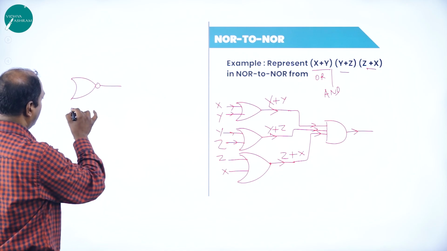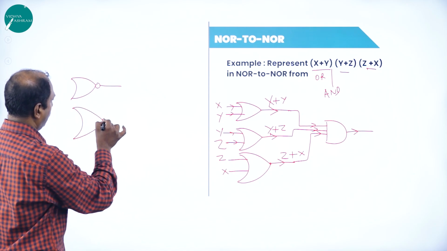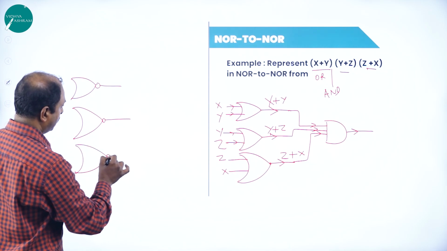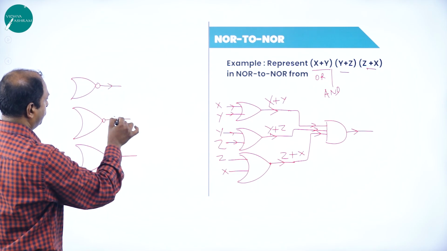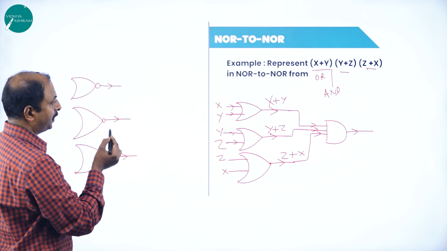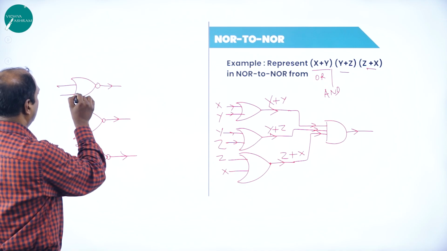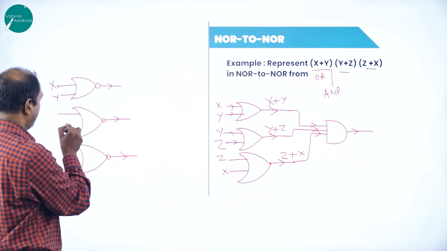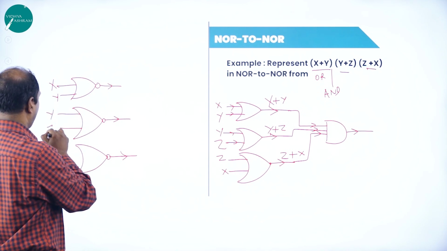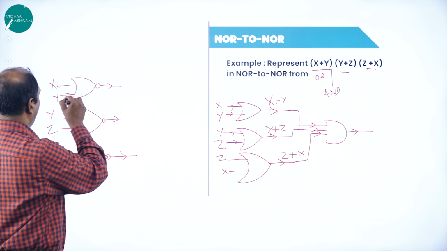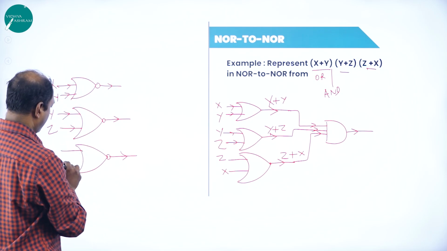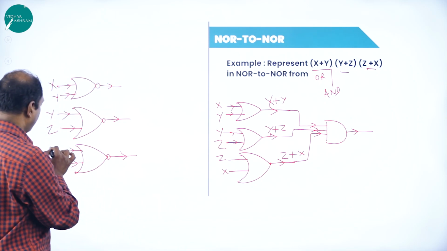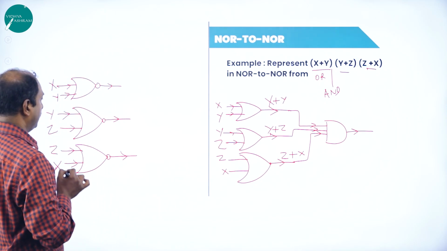This is the first gate, second gate, and third gate, and here the inputs are x, y, y, z, and z and x.